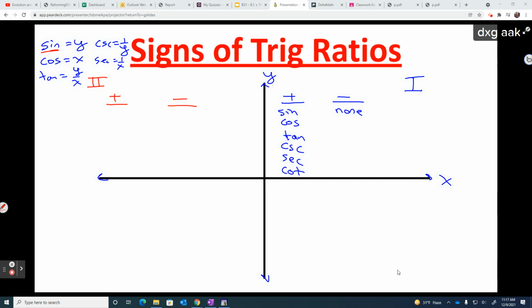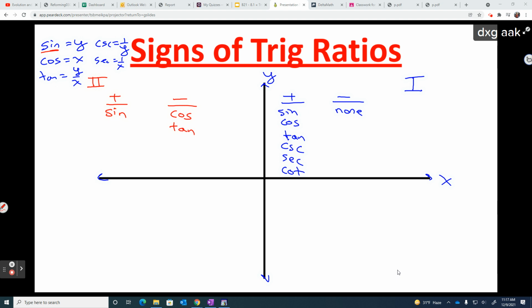It's going to be positive, right? Because it's y. Y is positive in this quadrant. Cosine would be negative, because this is the negative x direction, right? So cosine is going to be negative. What about tangent? Yeah, negative, right? Because it's sine and cosine put together. It would be a positive divided by a negative, so it's going to be negative.